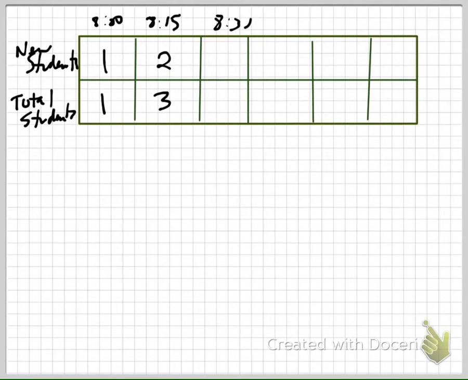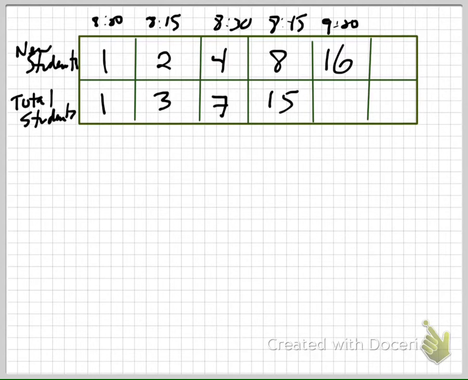At 8:30, how many new students will hear the news? 4. And how many total now? 7. Do you see what I'm talking about? At 8:45, how many new students hear the news? 8. How many total students now know the news? 15. At 9, how many new students hear the news? 16. How many total now? 31, right? So at 9 o'clock, 31 students know the news at Riverdale High. It's right here. Does that make sense?